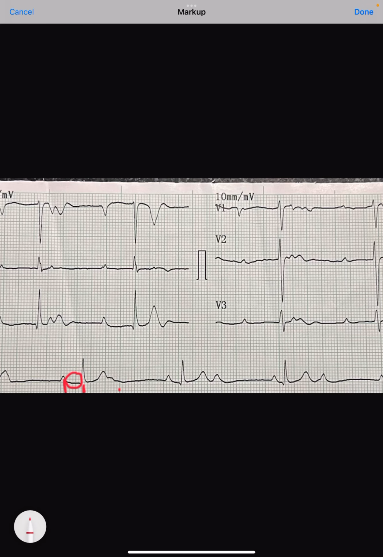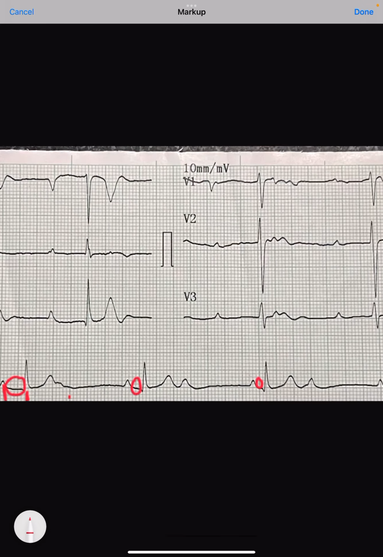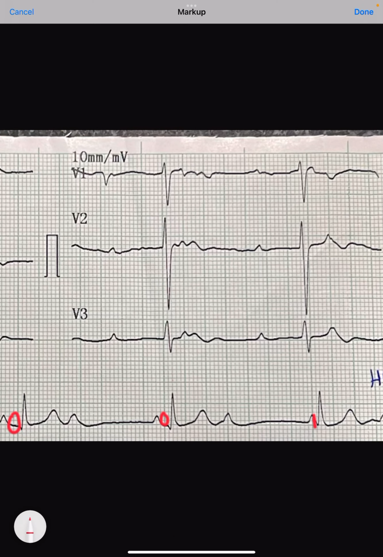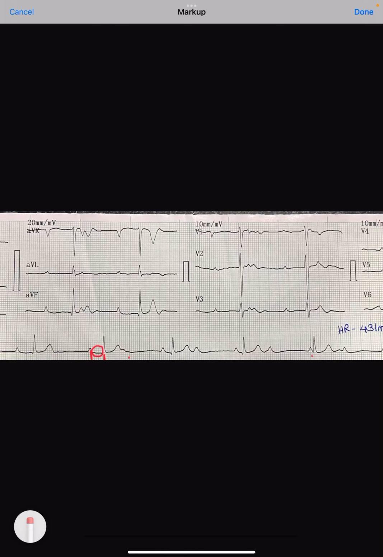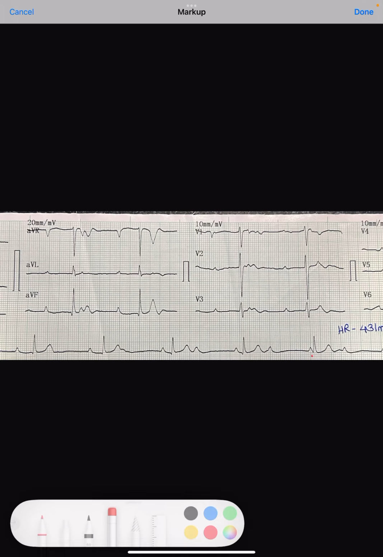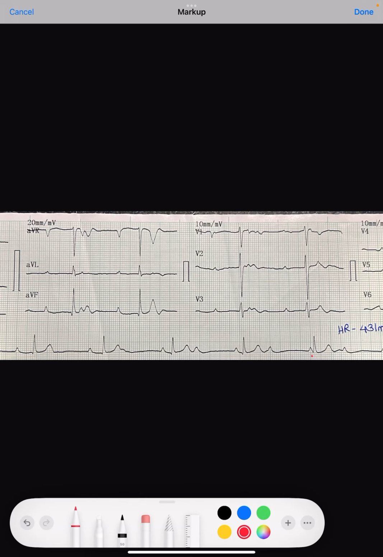Here it is only around 4 to 5 boxes. Here hardly 2 to 3 boxes. Here it is hardly 1 box. So this PR is not at all constant in this scenario. So it is not Mobitz 1, not Mobitz 2. It means only one block remains, that is complete heart block.